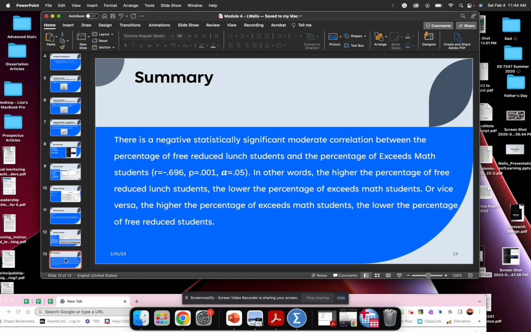In other words, the higher the percentage of free reduced lunch students, the lower the percentage of exceeds math students, or vice versa. The higher the percentage of exceeds math students, the lower the percentage of free reduced students.